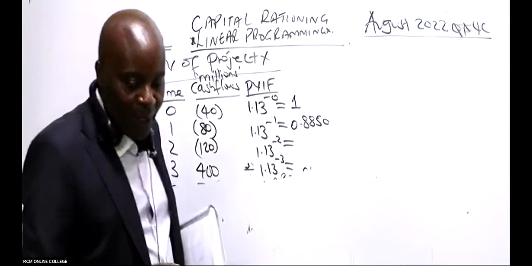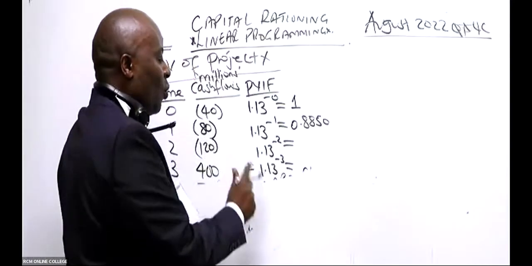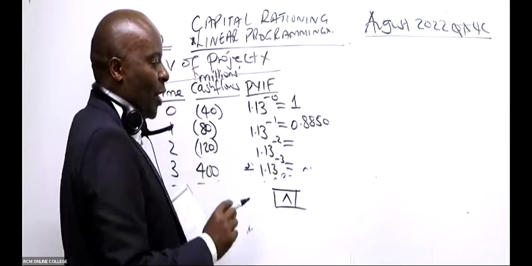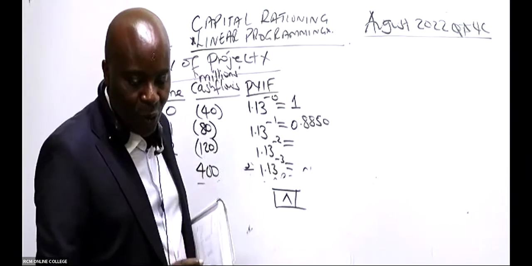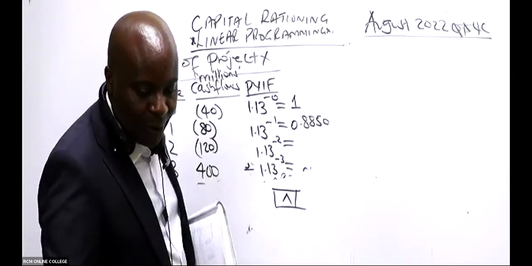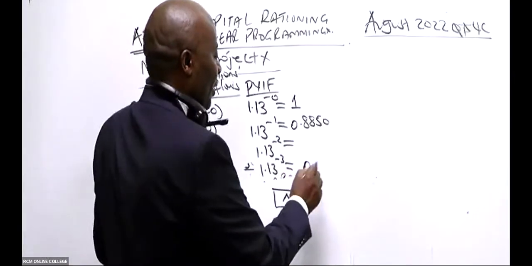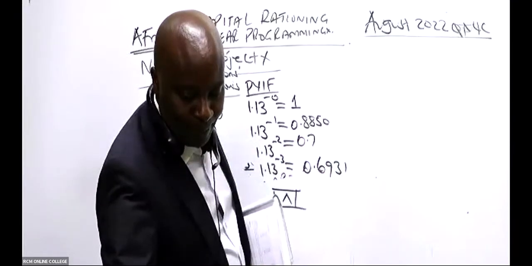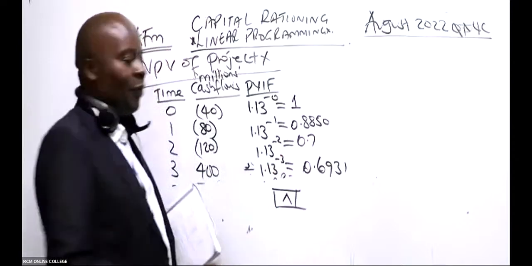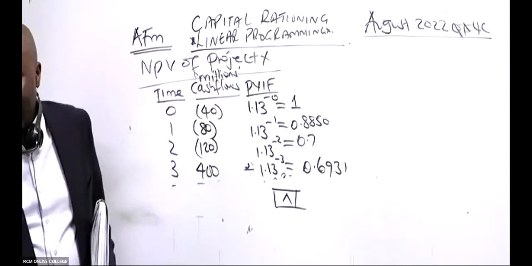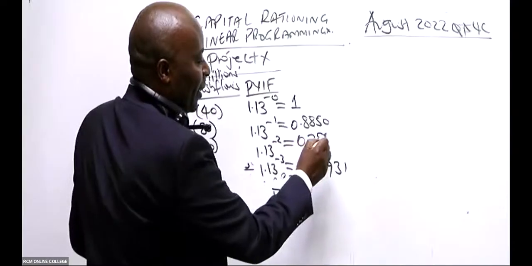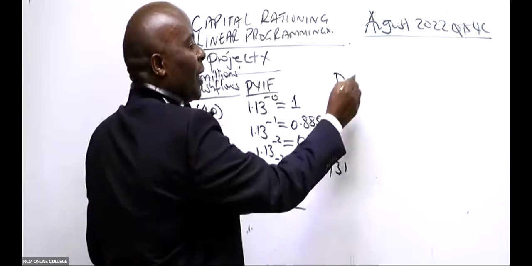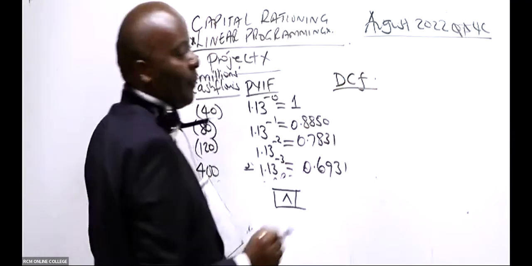Lincoln is telling me that if I take 1.13 raised to negative 2, this ninja is getting 0.6931, and the next one is 0.7. The third figure is supposed to be 0.7831.